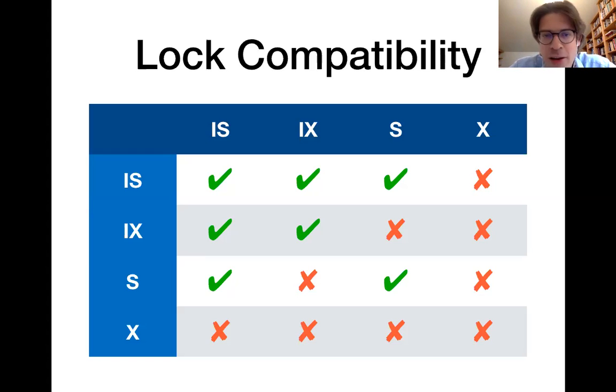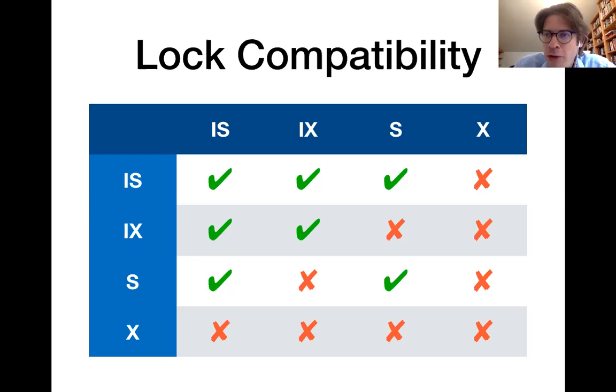I guess many of those combinations are intuitive, so you always see the green check mark if the combination of locks is allowed, meaning if the lock manager could grant those two different locks to different transactions on the same object. For instance, clearly we can grant the same shared lock on the same object to different transactions. That's why we have a tick at the corresponding position.